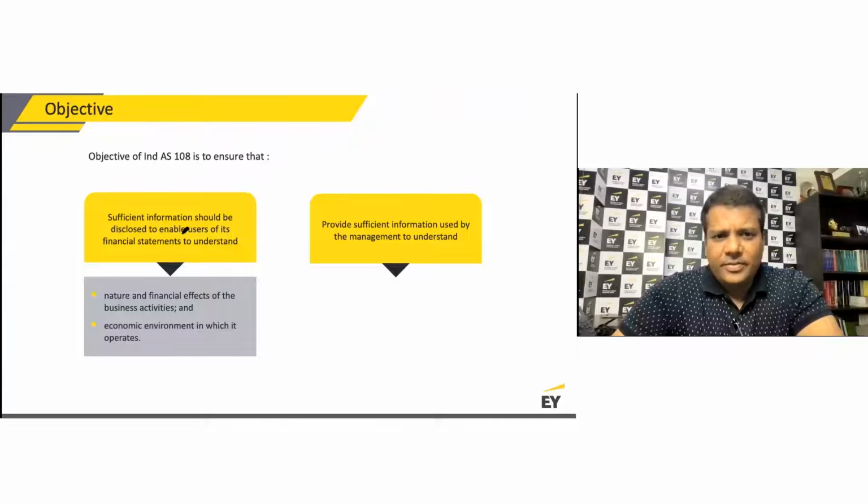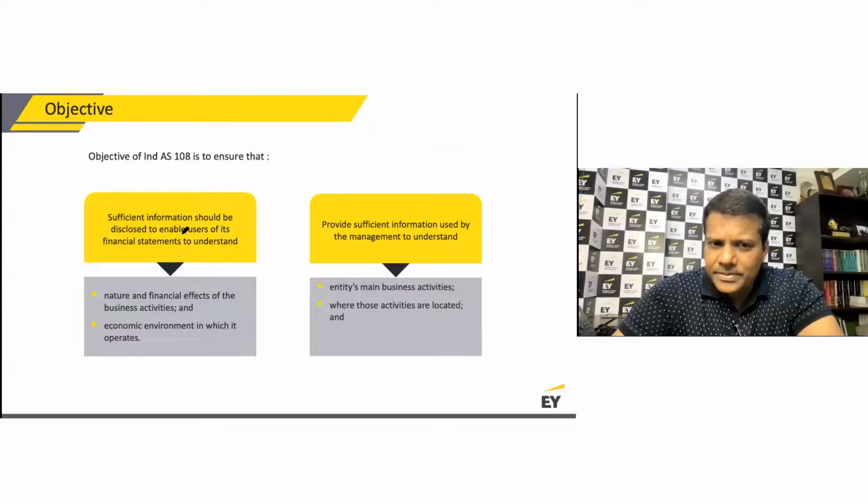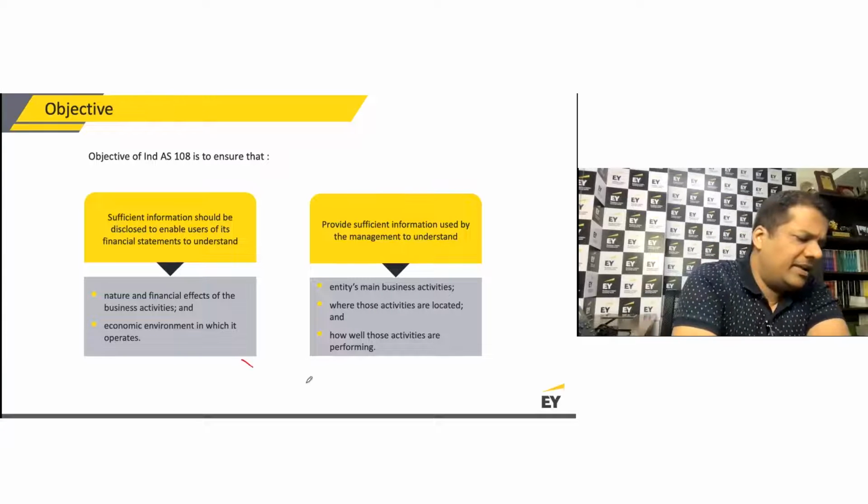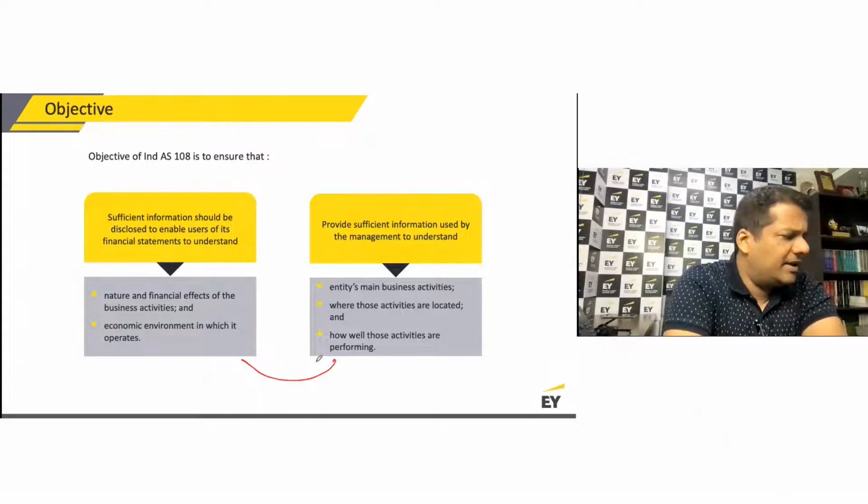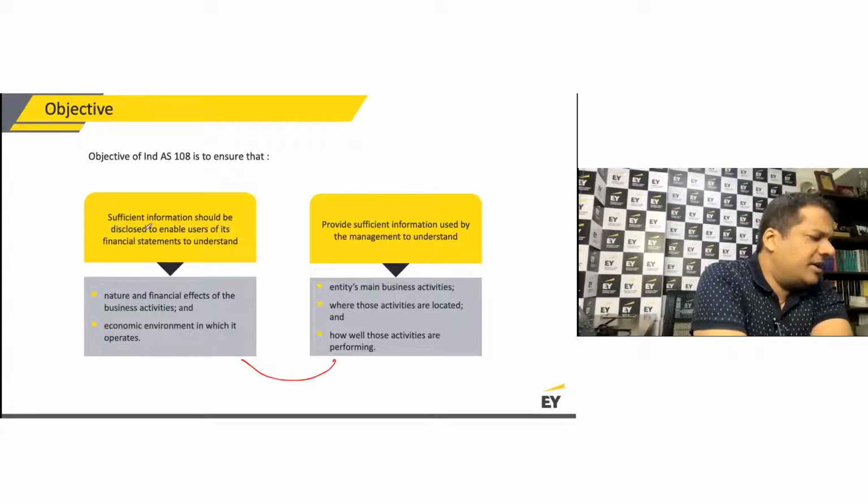Provide sufficient information used by the management to understand the entity's main business activity, where those activities are located, and how well those activities are performing. So that's the broad objective, right? Look at it, sufficient information, as I said, it's a disclosure only standard, right?